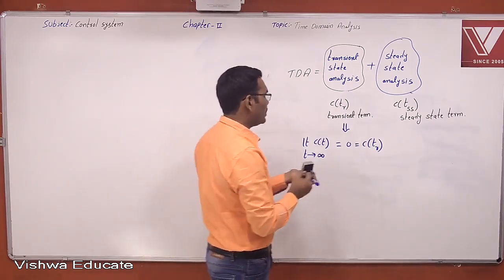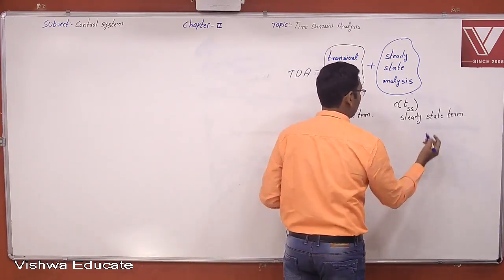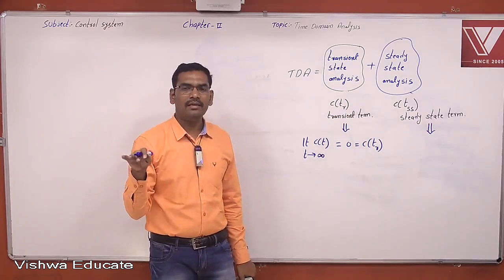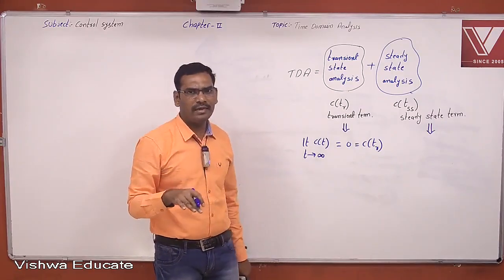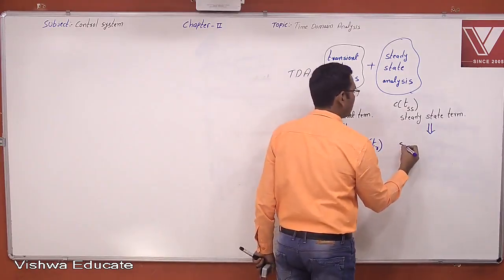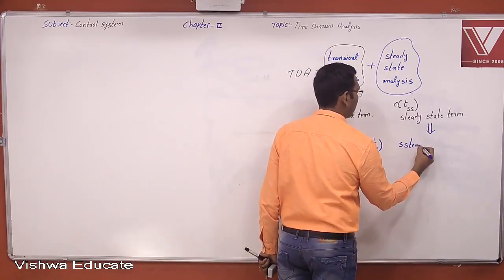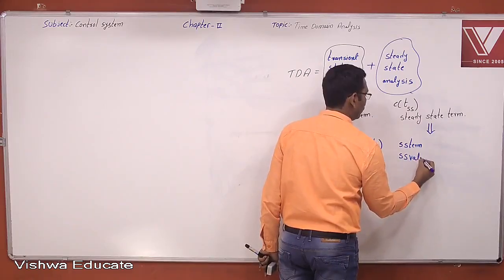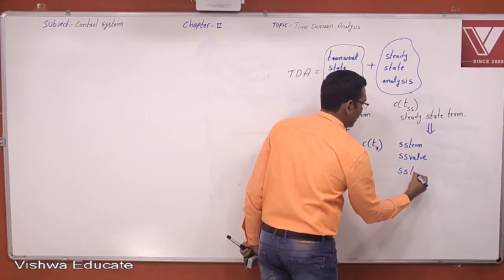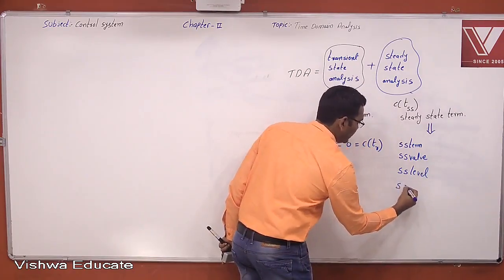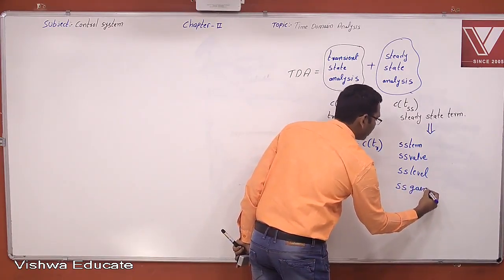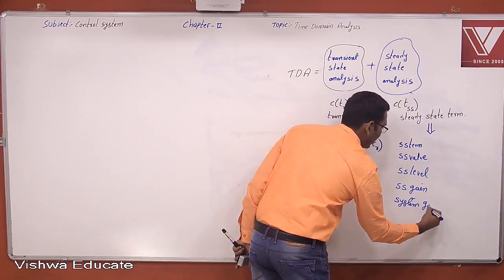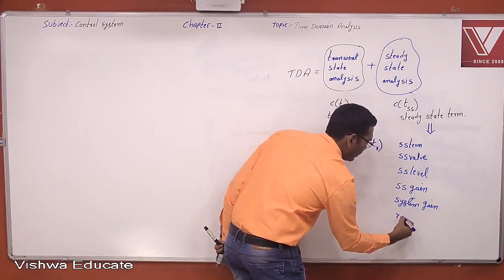Sir, then what is the steady state term? How can I recognize the steady state term? Steady state means constant, reference level. There are n number of names for the steady state term, as I already said in the previous class also.